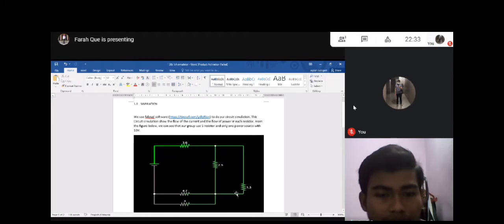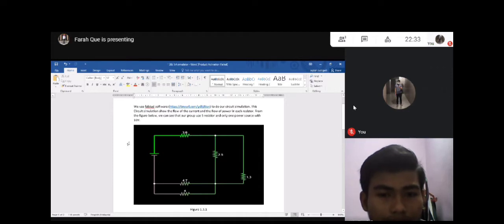As we can see from the diagram below, our group chose to have 5 different resistors with different values, which are 3.6 ohm, 2.5 ohm, 1.3 ohm, 4.0 ohm, and 4 ohm, and one voltage source, which is 10 volts, in our circuit.